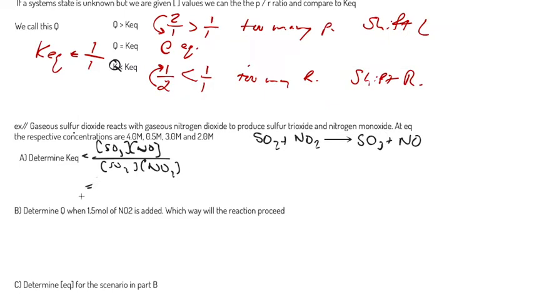Putting in our values, we have 3 and 2 on the top, and we have 4 and 0.5 on the bottom, giving us an overall value of 3.0. So KEQ is 3.0.